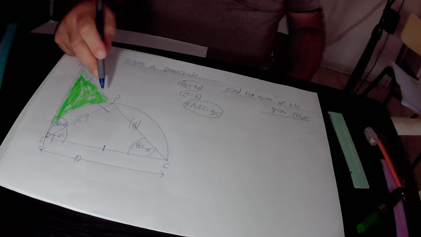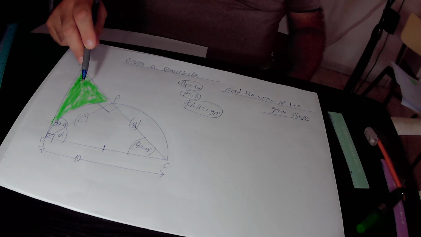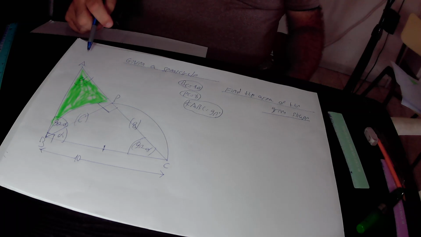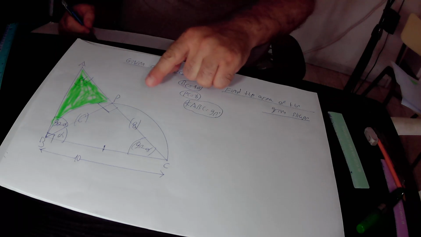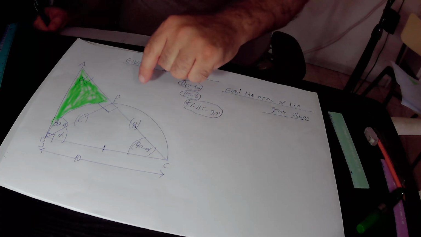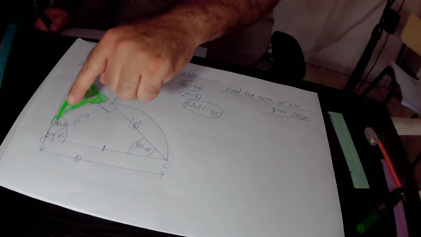Actually, PB is the common side that belongs to both triangles. And it is also equal to side PC of the right triangle PBC over side PB of the right triangle APB.